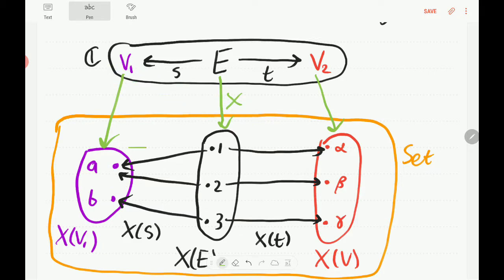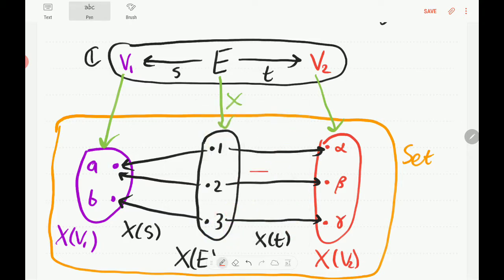So it'll be associating V1, E, and V2 with these different sets. And then this arrow S obviously becomes a function X of S. This arrow T becomes function X of T. And this all defines for us a bipartite graph, because what we're really saying here is that we have some set of edges, but for a member of this set of edges, its source vertex is always going to be in this left-hand set, X of V1, whereas its target vertex is always going to be in this right-hand set, X of V2.